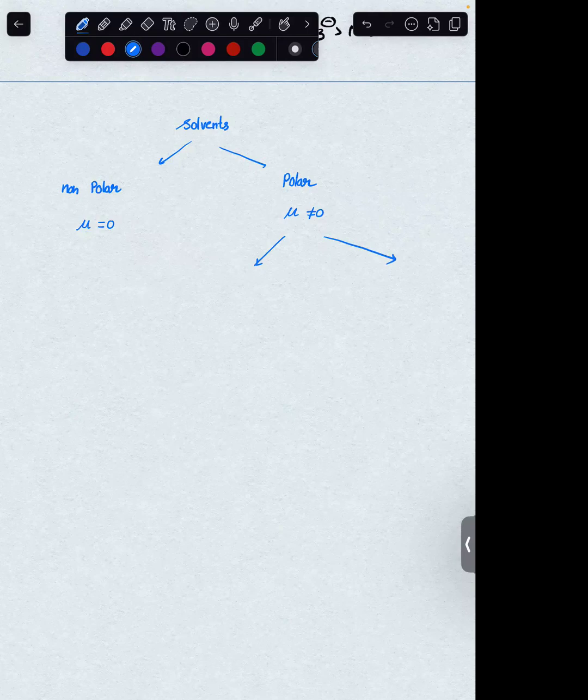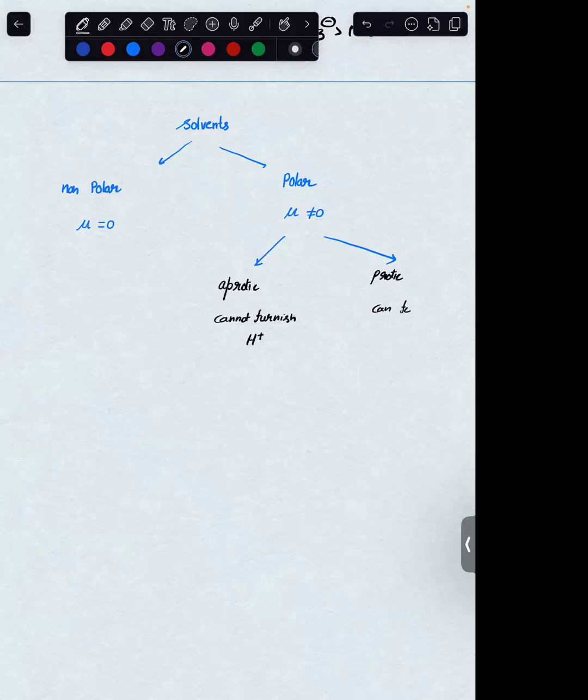And among polar solvents also, we have two different types. One is called polar aprotic solvent, and the other is called a protic solvent. An aprotic solvent is one which cannot furnish H positive. A protic solvent is one which can furnish H positive.